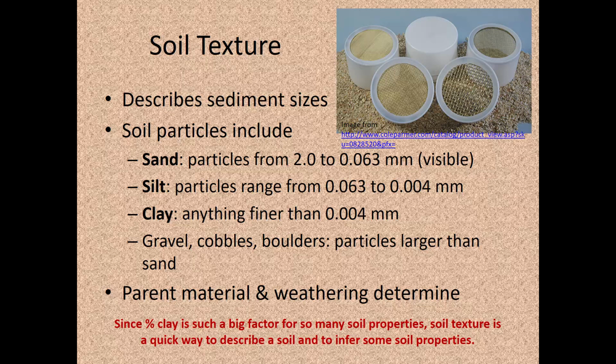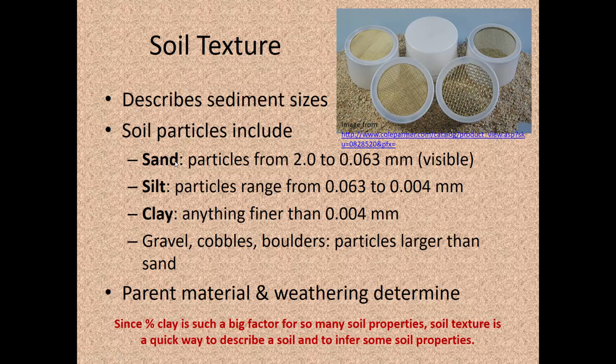All right, so soil texture, we said the percent of clay in a soil is critically important, so organic matter and clay. And so soil scientists typically describe a soil in terms of its texture, which just describes the amount of different sediment sizes that are present in the soil. So the different size of sediments you find in soil are sand.